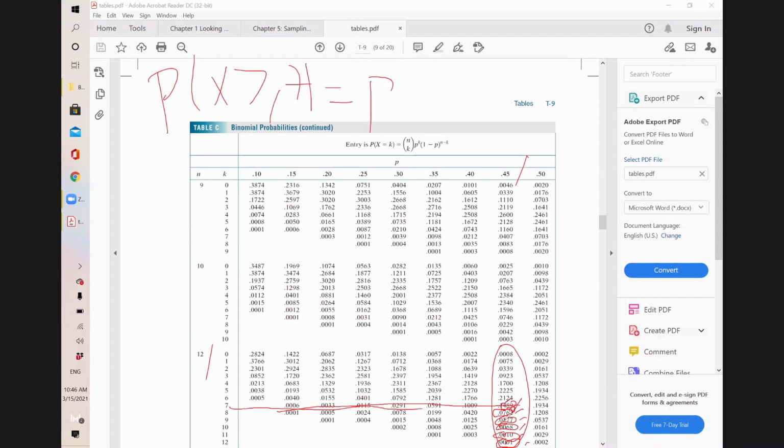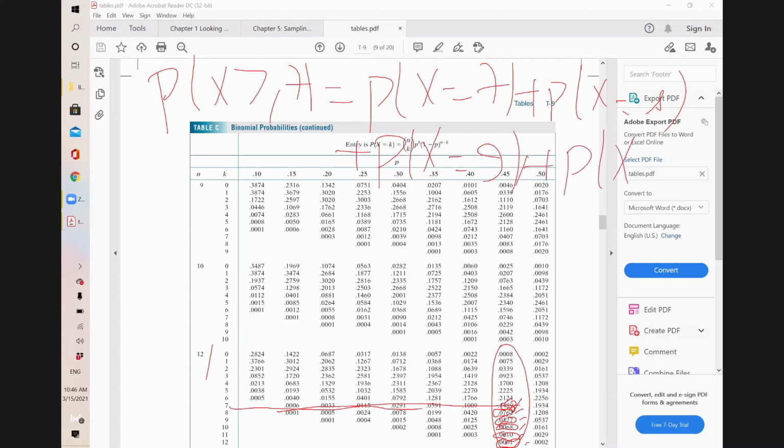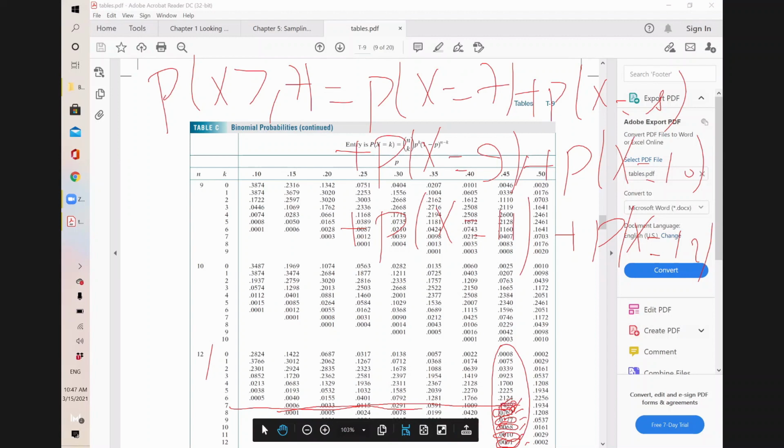That means it is equal to the probability of x equals 7 plus the probability of x equals 8 plus the probability of x equals 9 plus the probability of x equals 10 plus the probability of x equals 11, plus the probability of x equals 12. Then we have 6 values. Of course they are all in the table here, the last six numbers in this column. Okay, we choose the six numbers. Once we evaluate the addition we obtain maybe the exact value.